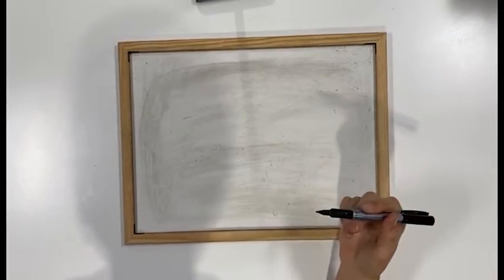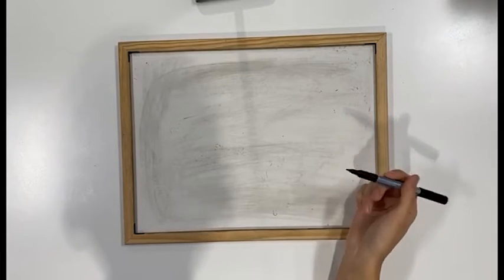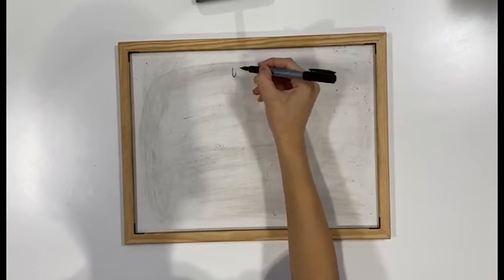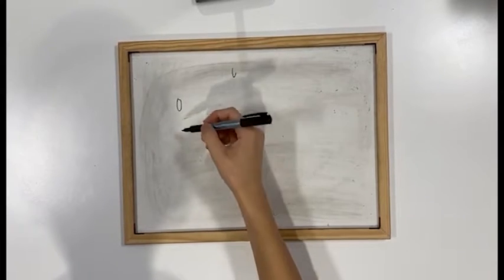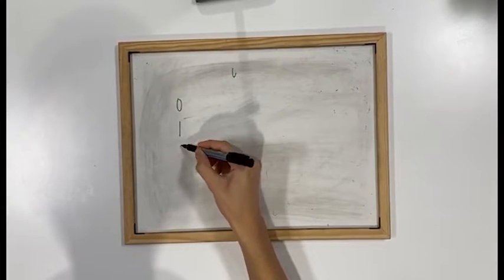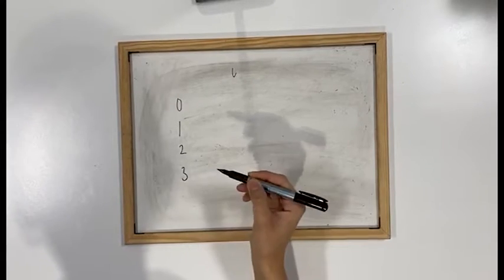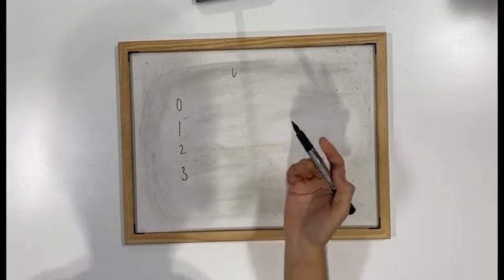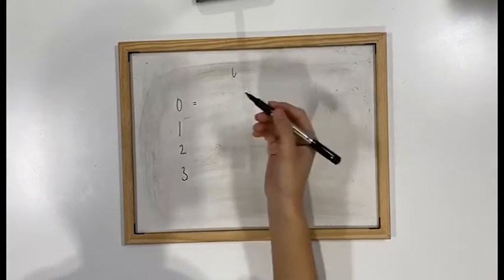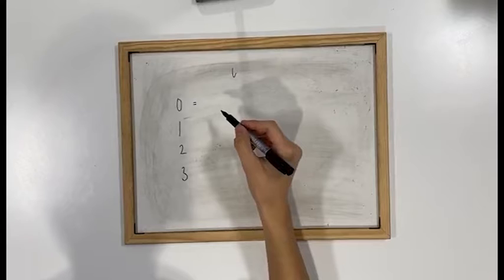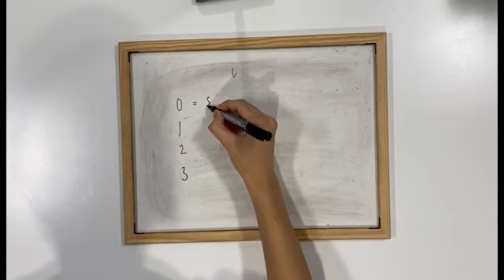So with the orbital angular momentum quantum number, known as L, there are 0, 1, 2, 3, and so on. So if L is equal to 0, we can say that L equals 0 is the S orbital.